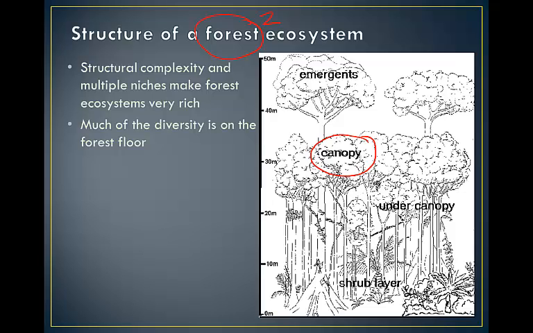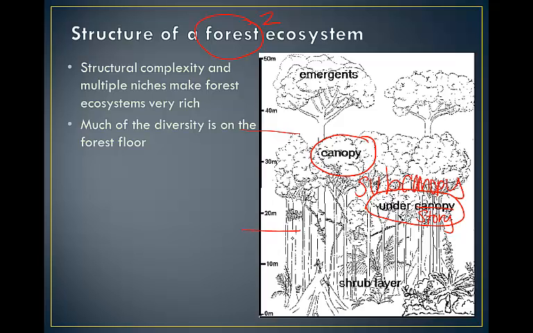There's two layers below the canopy before we actually get to the smaller plants growing. And one of those isn't actually marked on this picture, so we'll put it in. The subcanopy, just below the canopy, and then the under canopy, sometimes called the understory. Your book calls it the understory. So these are just all these upper layers of the trees.